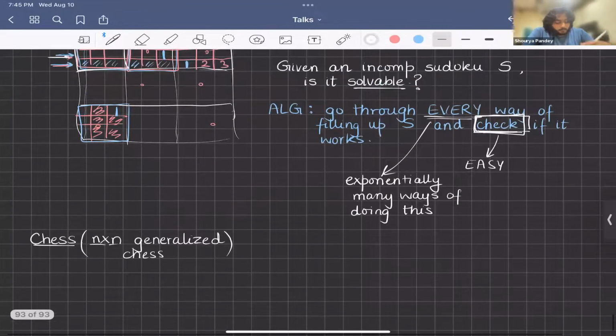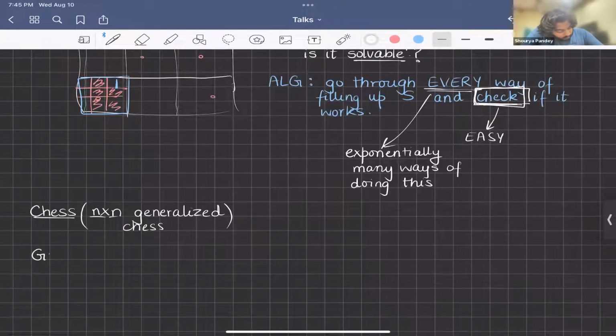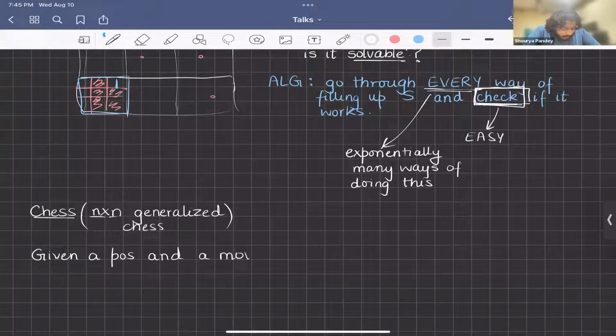And now suppose, given a configuration, a given position and a move. Basically, I have a position and I make a move and I ask you, is it the best move?